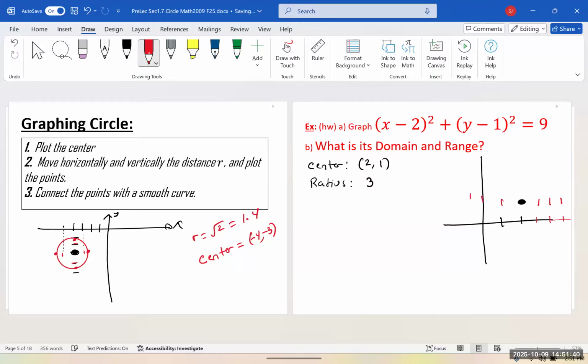You go 3 units from the center in all 4 directions, and then connect. It's not perfect, right? Let me see if we can make it perfect. A little bit at least. That's from here.